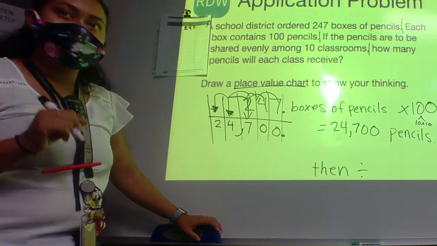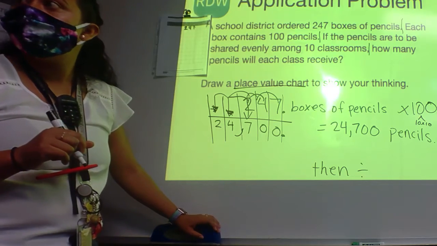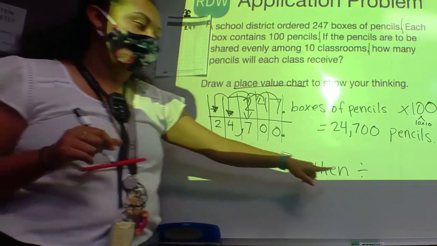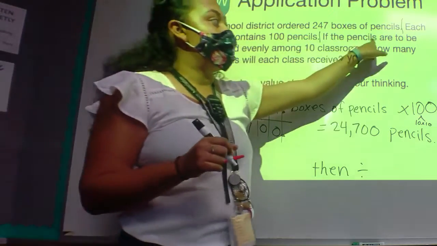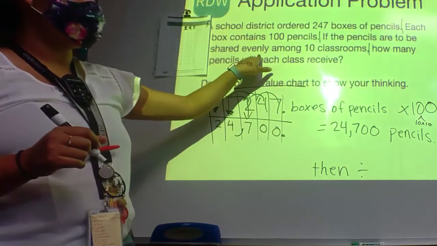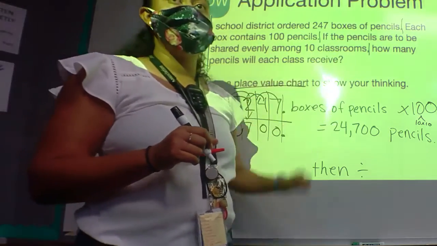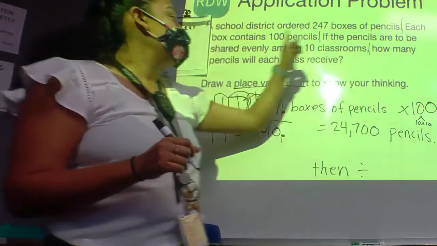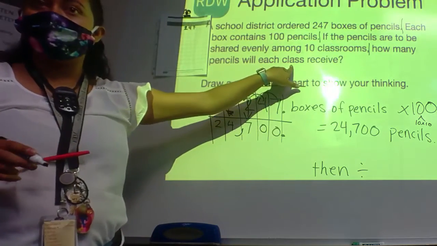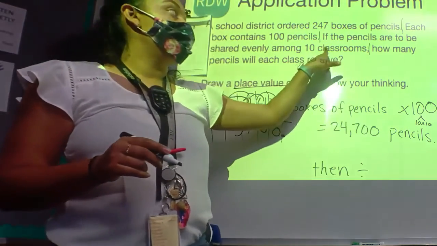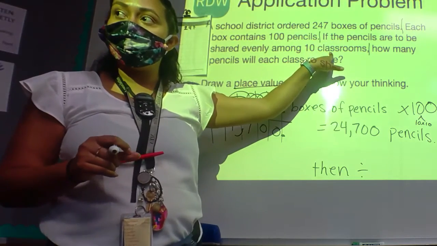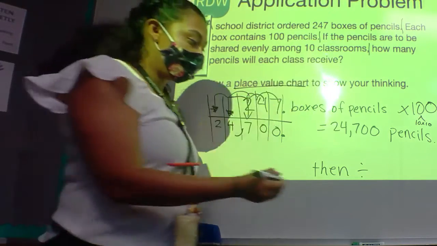Okay, so Bo, what did you say our next step was? Divide. What are we going to divide by? If the pencils are to be shared evenly among 10 classrooms, how many pencils will each class receive? So we need to divide it by the classrooms. How many classrooms? 10. Thank you.